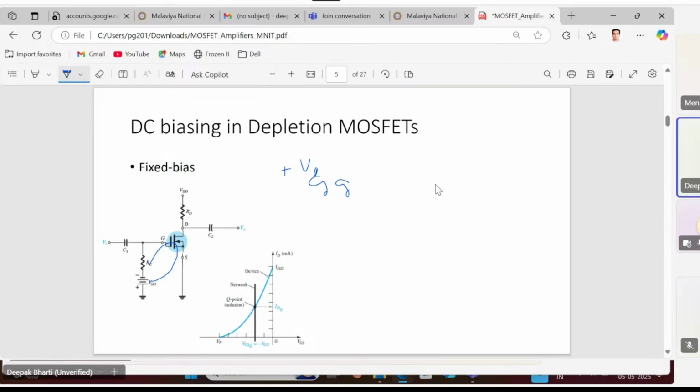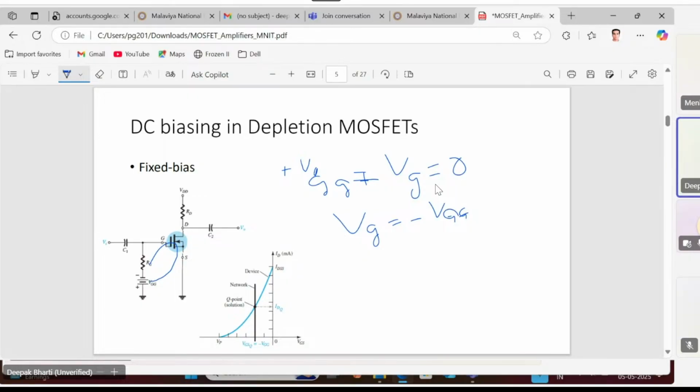So plus VGG equal to VG, you can see here VGG plus VG is equal to 0. And so what will be VG from here? VG is equal to minus VGG.